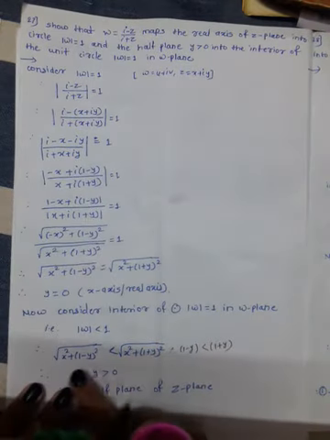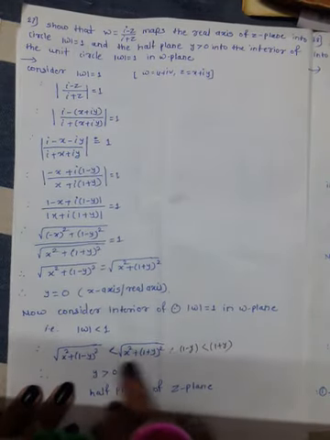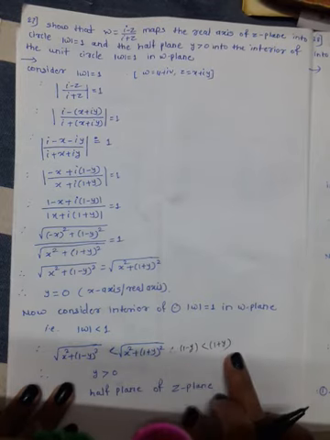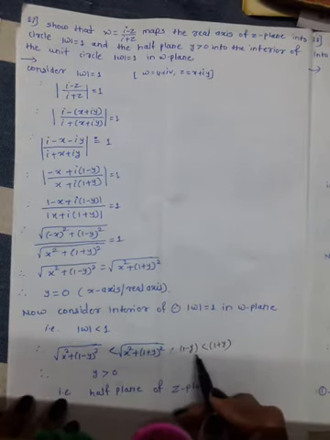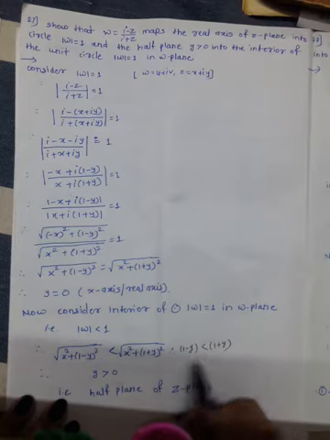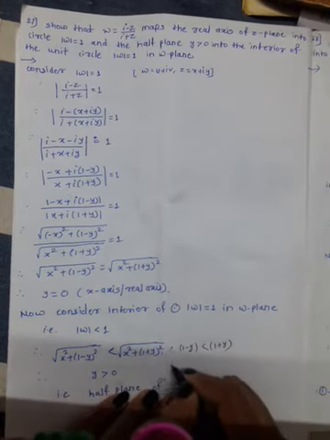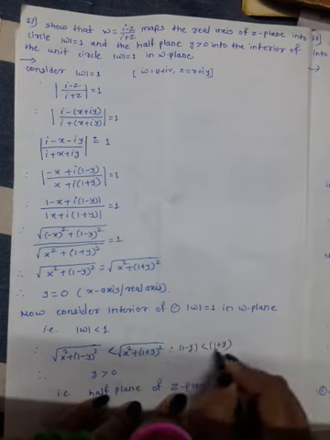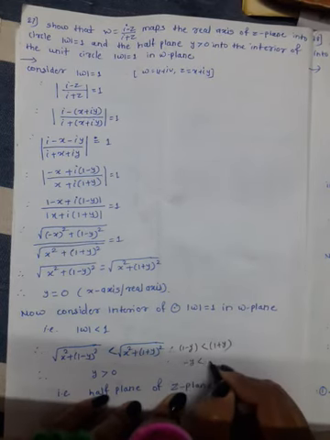Removing the square root, removing x square, removing the square on both sides, we get this. Okay, now removing 1 also, remove 1 from both sides, we get minus y less than plus y.